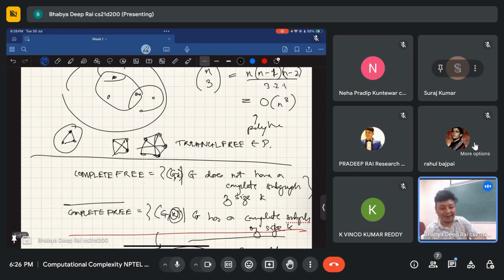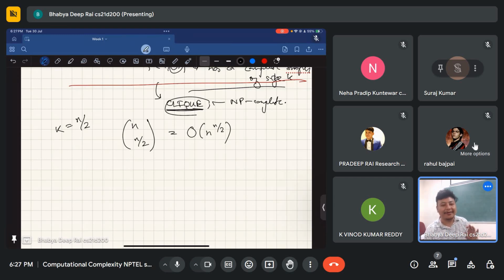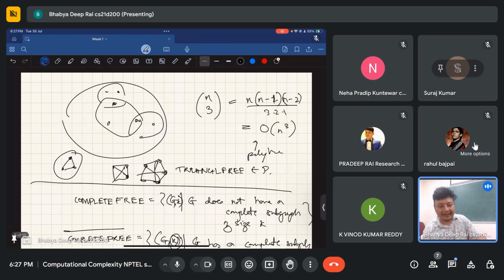I cannot use this brute force algorithm, because if k is given to me as n by 2, then it will be n choose n by 2, which is already some order n to the n by 2, which is really bad. I cannot use that particular algorithm. There is a good amount of research on finding algorithms, approximation algorithms, say distributed algorithms, to solve the clique problem. Anyway, that was just an offhand comment I wanted you to note on the difficulty of the clique problem.